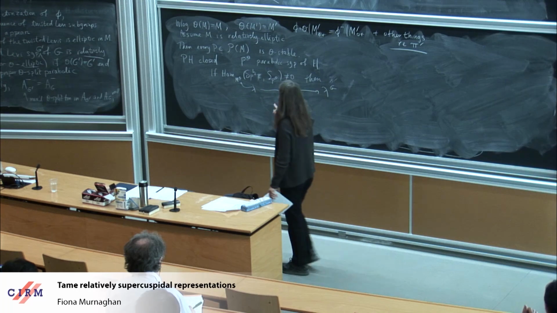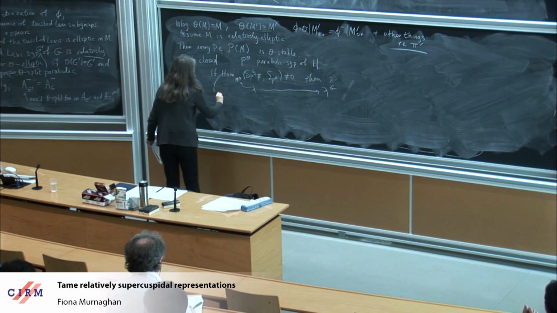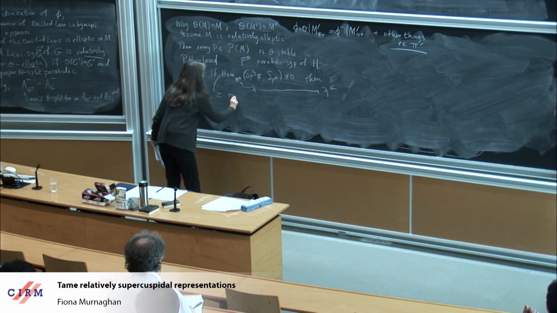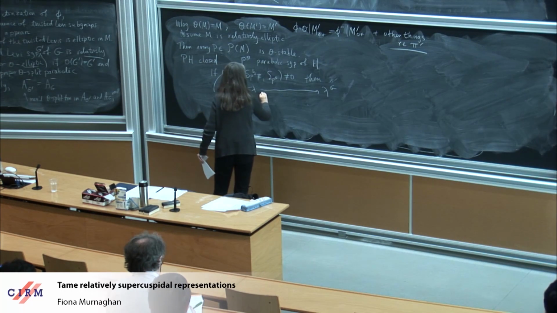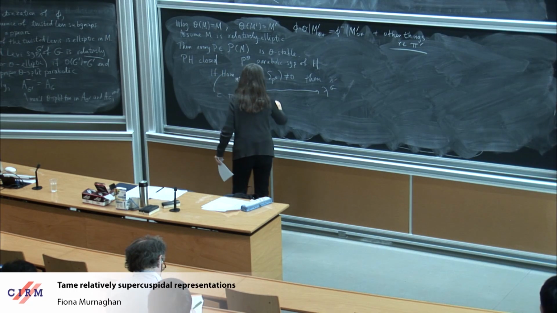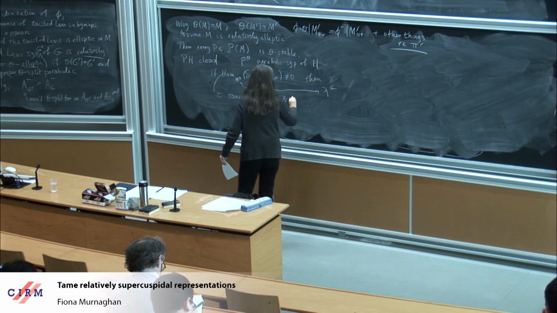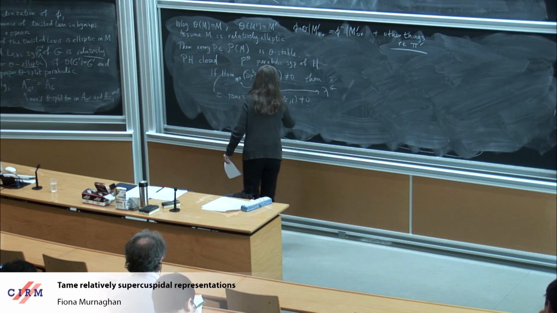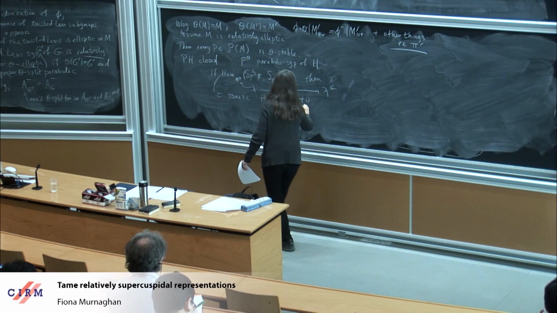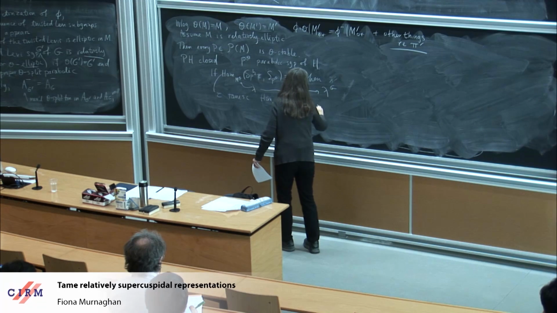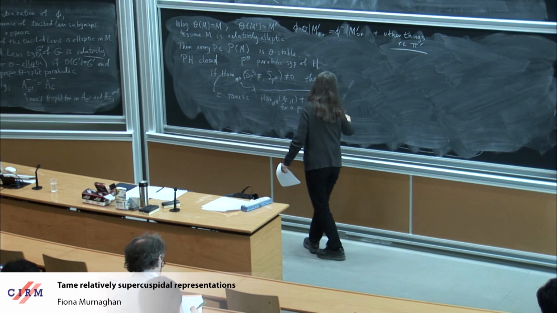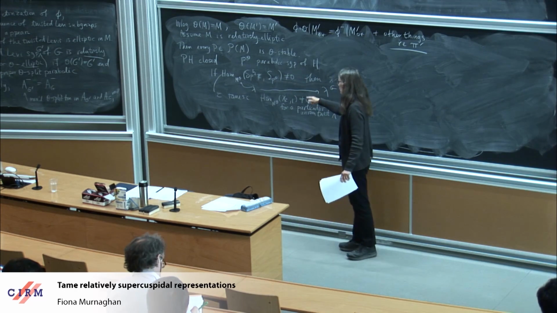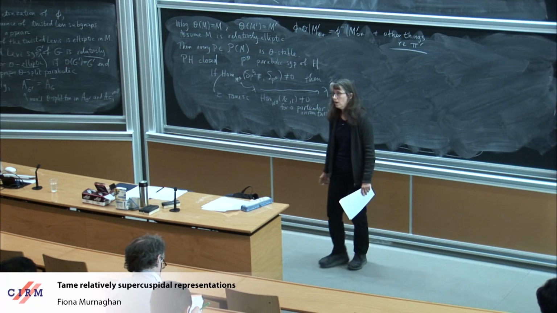And this is the same, by the way, if tau is one of our tame supercuspidals, as a particular tau for a particular unramified twist. So it really is the inertial support that is distinguished there.